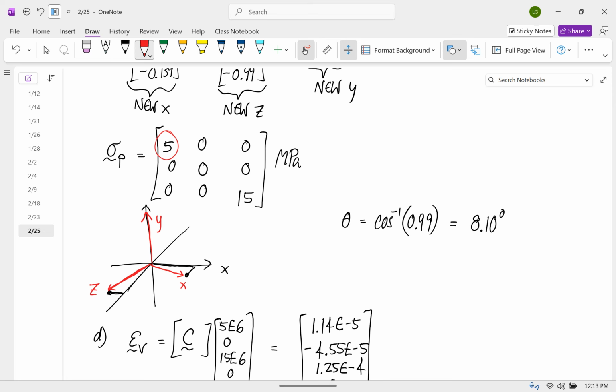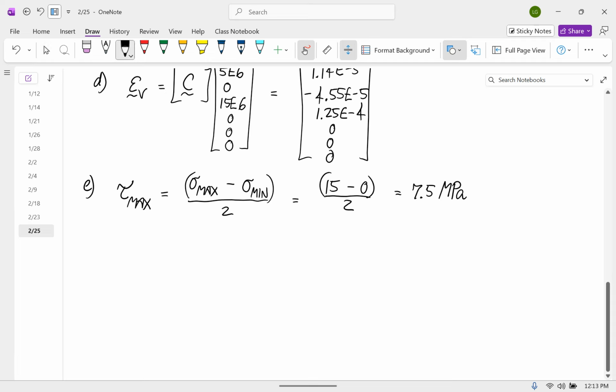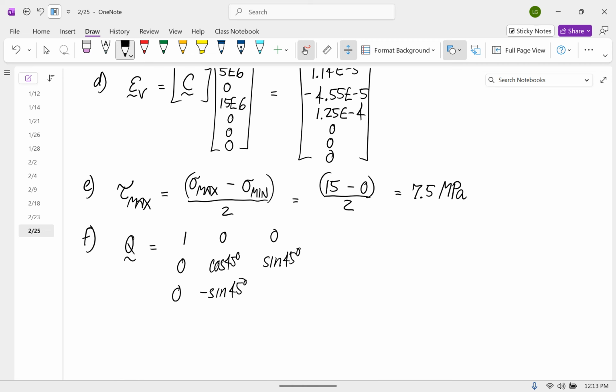What makes up the middle eigenvalue? Just arrange them on a number line, max to min. 15 is the biggest one. And so my rotation matrix is going to be 1, 0, 0, 0, cosine 45, sine 45, 0, negative sine 45, cosine 45.